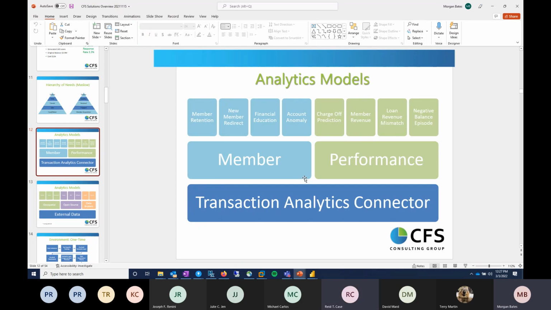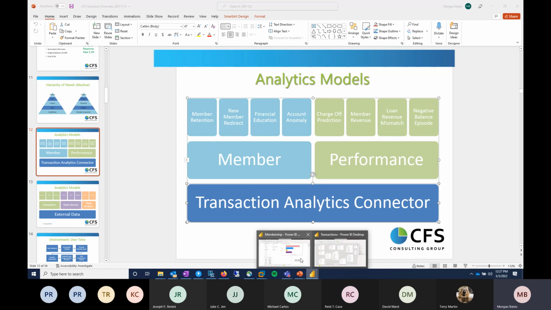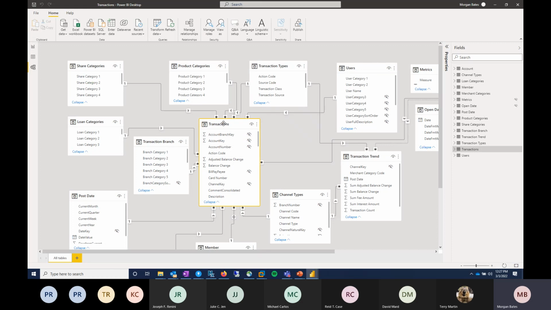So whatever your last mile is really doesn't matter all that much to us, to be honest with you. We work in multiple technologies. The heavy lifting is in the analytics connector and in the model, but all of that is being done at the table level, and then you can consume it inside of Power BI via the transactions table or something like that. Does that make sense?